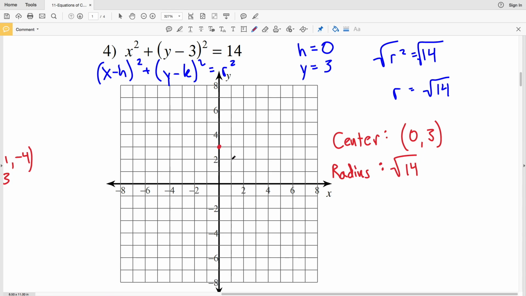Now we just have to plot the radius, and the square root of 14 is about 3.74, so almost 3 and 3/4. I'll go 3.74 up in a straight line, since my radius is always a straight line from the center, and 3.74 in each of the other directions. Now I'll draw a circle to connect the points along the edge.